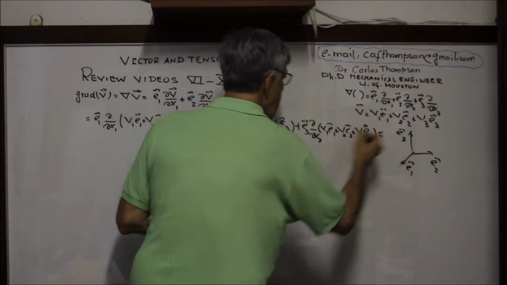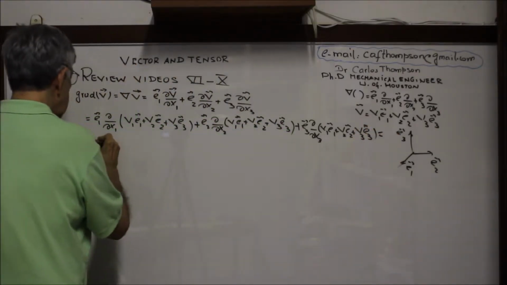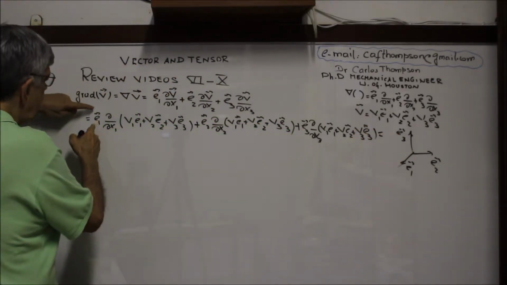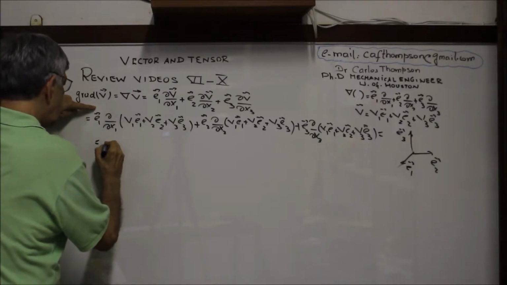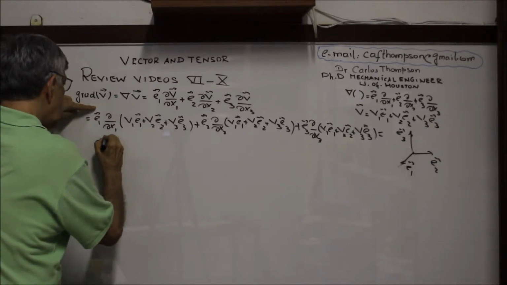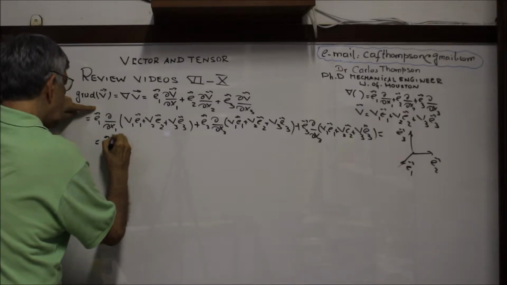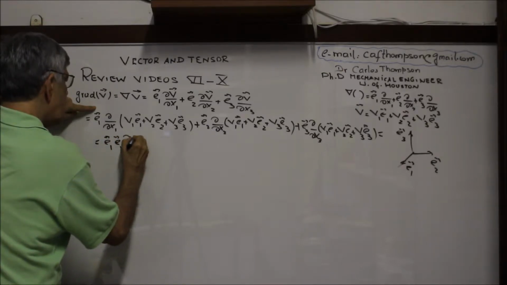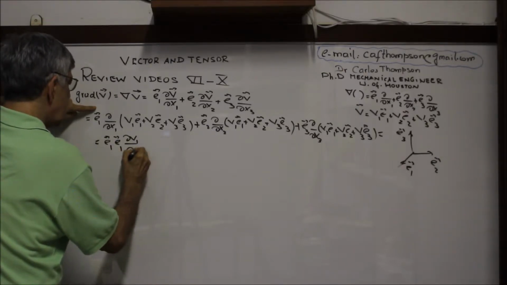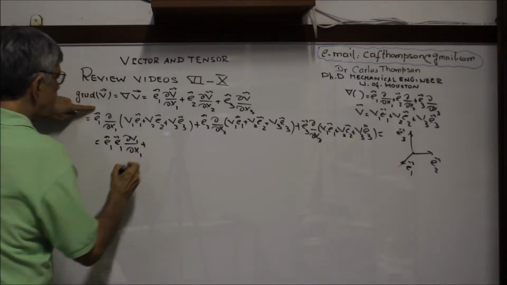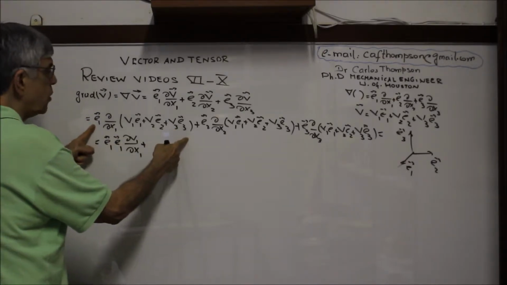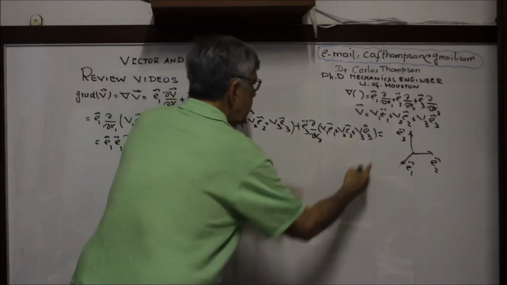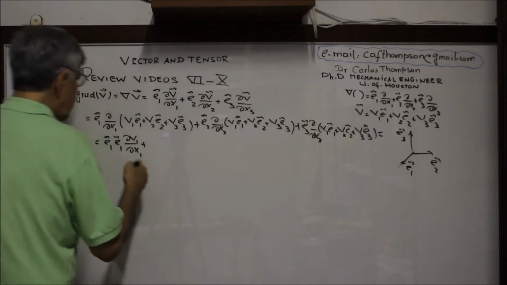Now this is equal, you see e1 e1, so this will be e1 e1 partial of v1 with respect to x1, plus, you see, this will be 3 terms plus 3 plus 3. This will be 9 terms over here.